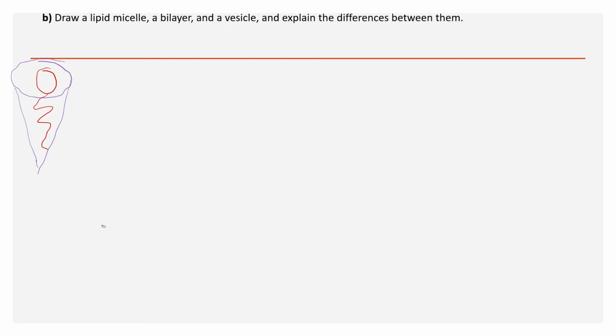So this will be the center. And then you'll have a lot of the little tails coming out. And then you'll have the head groups. Okay, and that's a micelle.